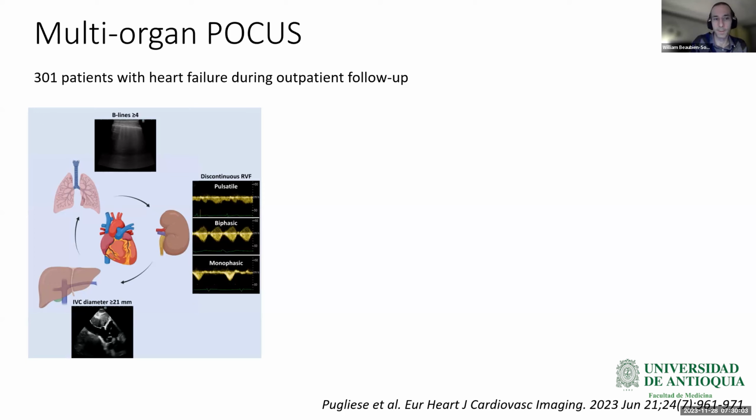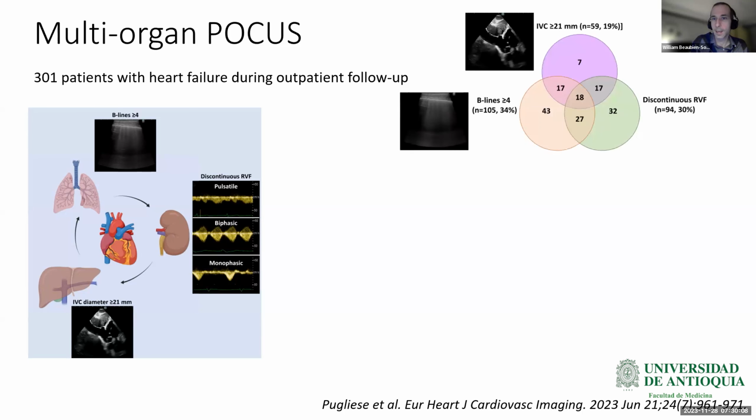They combined VExUS, IVC, and lung ultrasound. As you can see, those signs can be found in the same patient, but some patients will only have lung congestion, and some patients will only have the abnormal venous Doppler ultrasound signs.